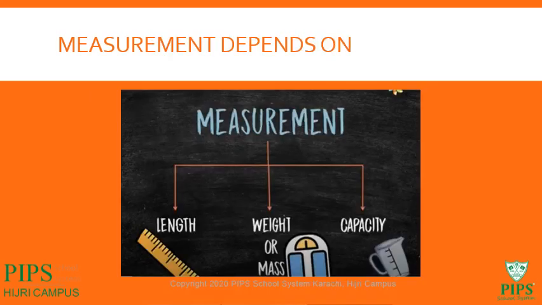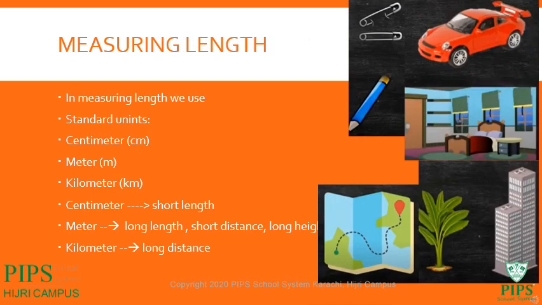Basically, measurement depends on three main things. First is length, second is weight or mass, and third is capacity. Some units for measuring length are centimeters, meters, kilometers. Centimeter measures short length, meter usually measures long length, and kilometers measure long distance.